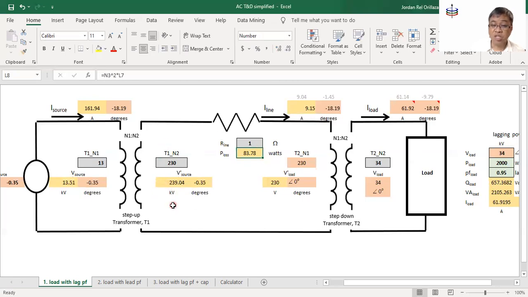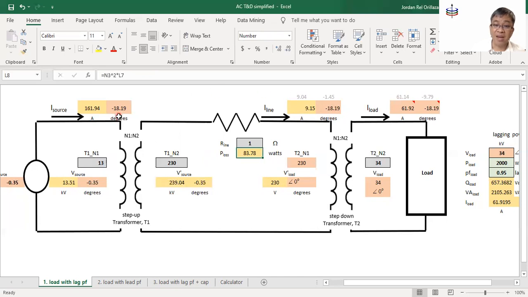You know the voltage here, you now transform this voltage to the low side of the generator step-up transformer. So the angle there is copied from there. The magnitude of the voltage is based on the turns ratio there and the voltage at the high side. The current here, likewise, is a transformed version of the current here. So that's the current there through this line.